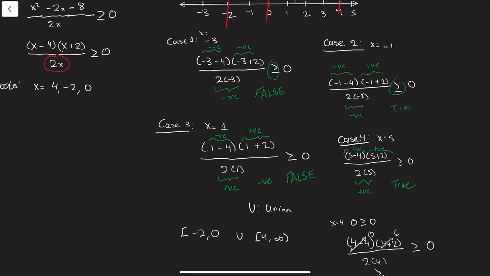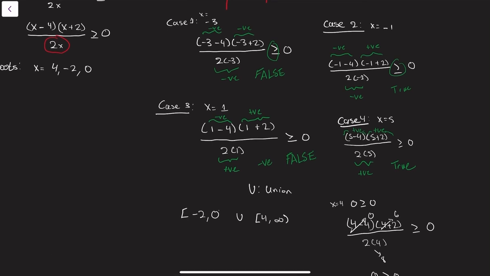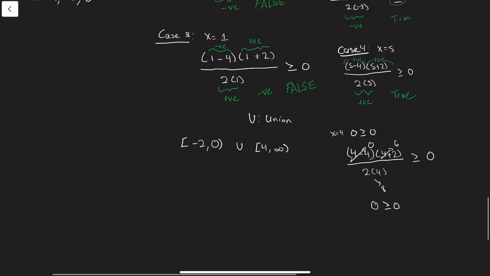It's not possible to have 0 at the denominator. 0 cannot be a part of the solution set. So we say that with a round bracket. So our solution set in interval notation looks as such: -2 to 0 and 4 to infinity, with round brackets around 0 and square brackets on -2 and 4.